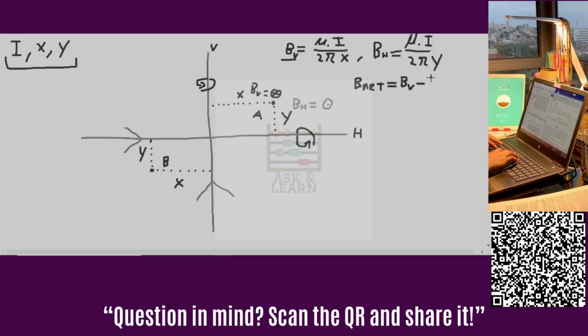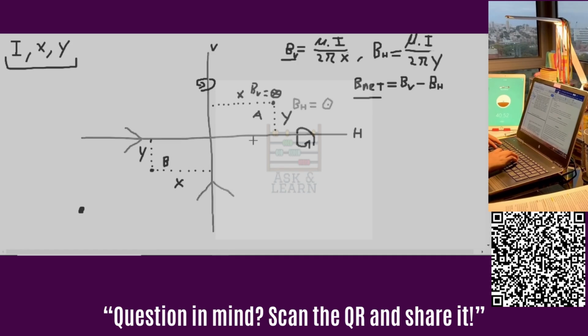It'll be the same number in either case, just positive or negative. So our net magnetic field is BV minus BH: the magnetic field from wire V minus the magnetic field from wire H. And that gives you the net. You would do the same thing for the lower corner down here. You just need your two equations, and you do the same setup, and you'll get the same net field.